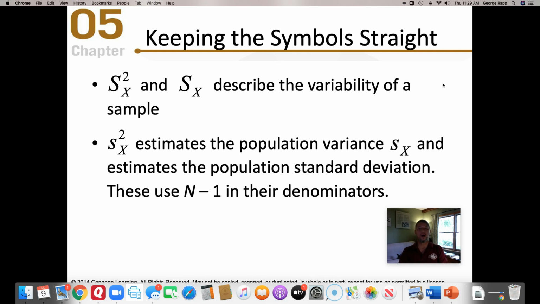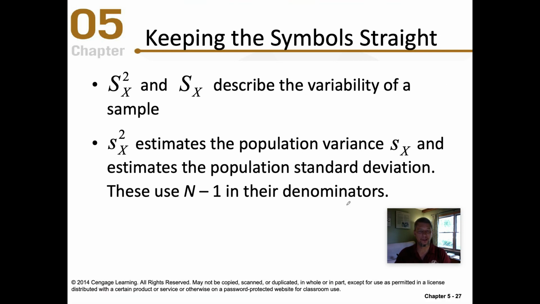So big S describes the sample. Little s is an estimate of the population. And these two calculations use n minus 1, which is the method of calculating the degrees of freedom here.